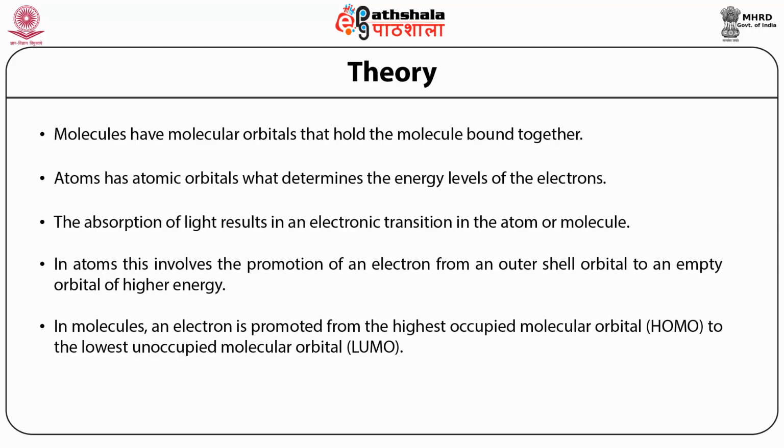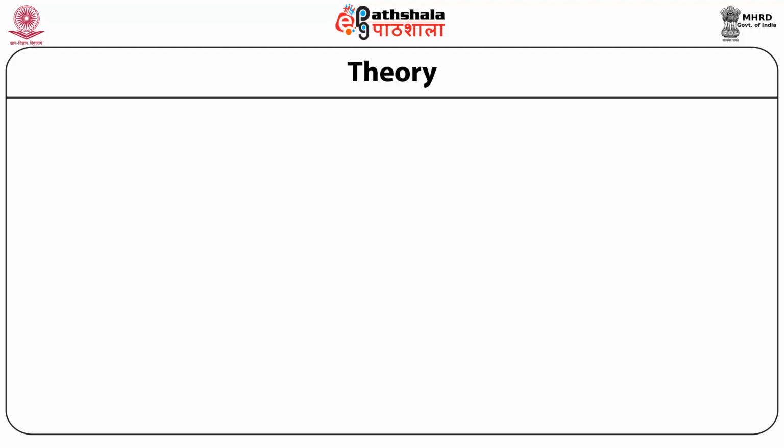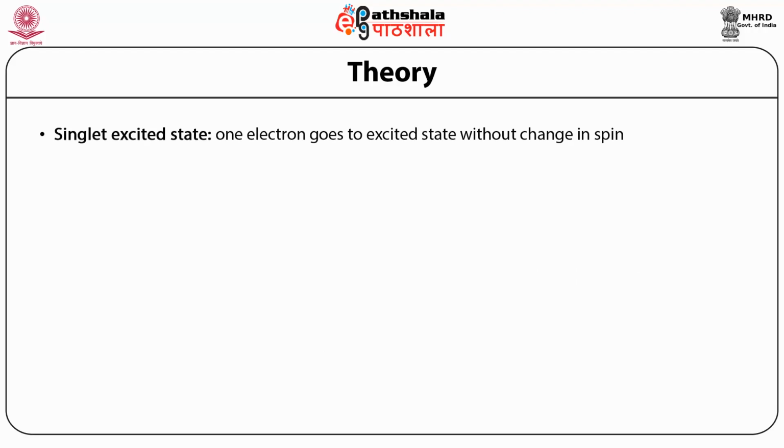There are some terms which are used in fluorescence and phosphorescence, and which we should refresh again. Singlet excited state: one of the electrons is excited from the ground state and the spin is not changed. Excitation is moving of an electron to a higher level after the atom or molecule has absorbed energy.